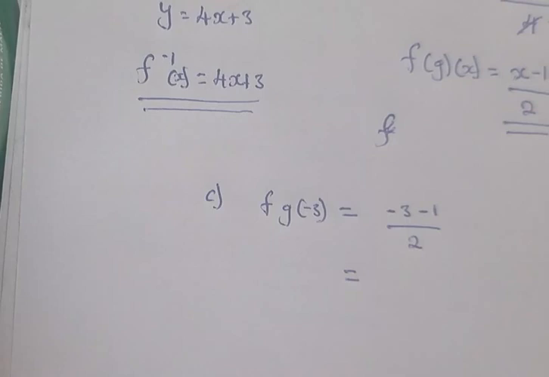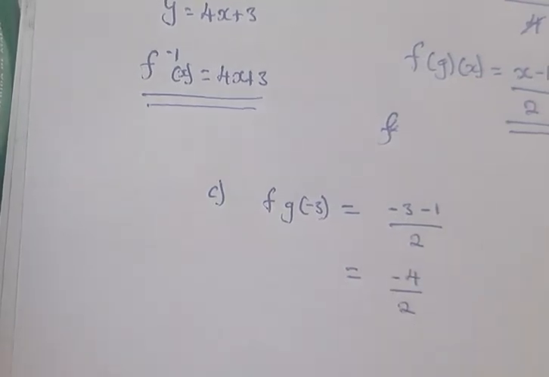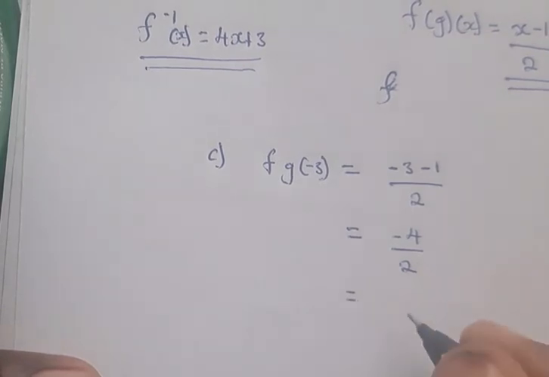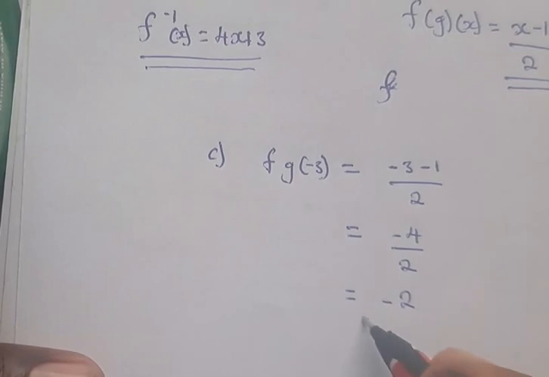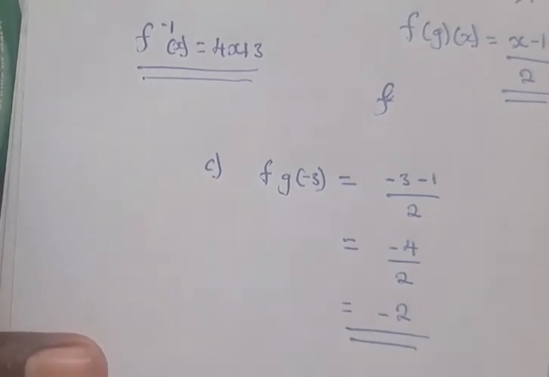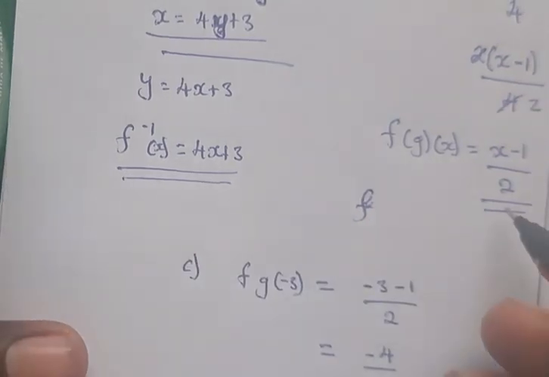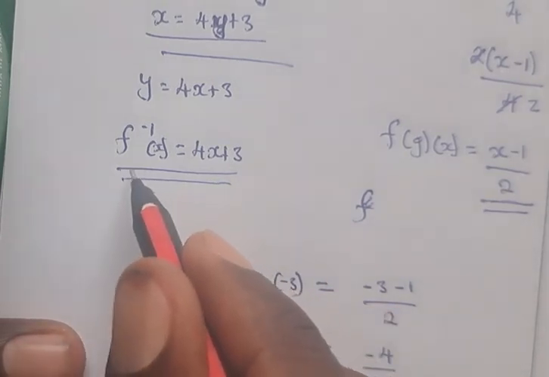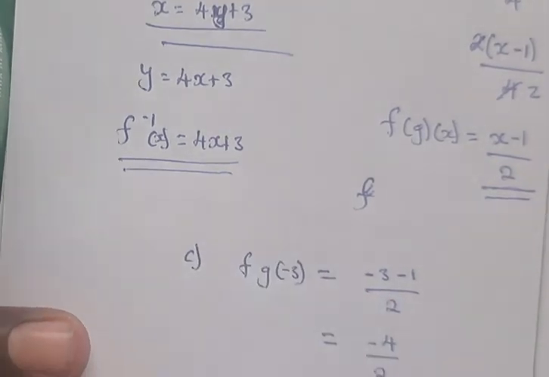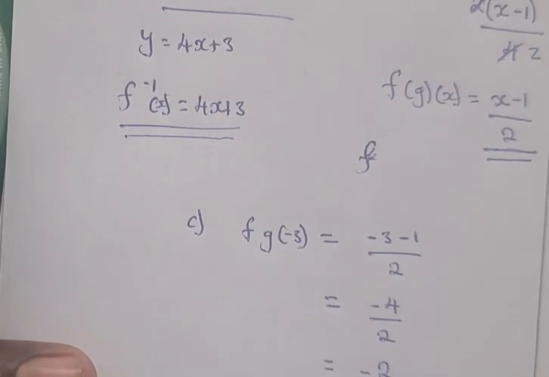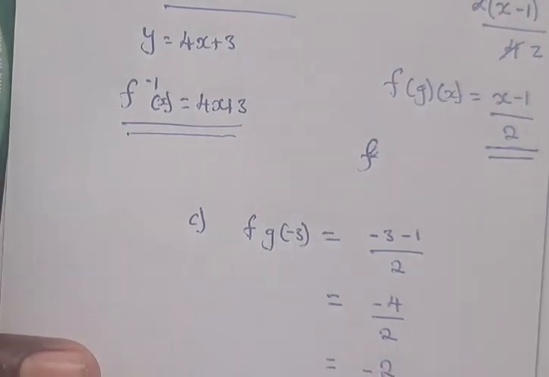What's our answer? This is negative 4 over 2. And finally our answer is negative 2, because 4 divided by 2 is 2, so negative 2, and this becomes our answer. We have this one here, which was the inverse of f of x, and then this one was the function f of g of negative 3.